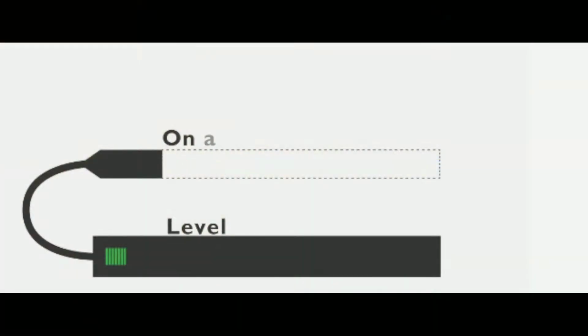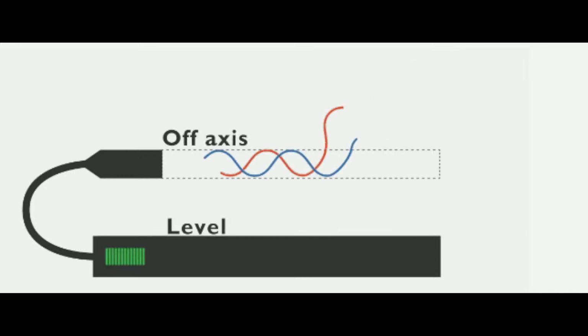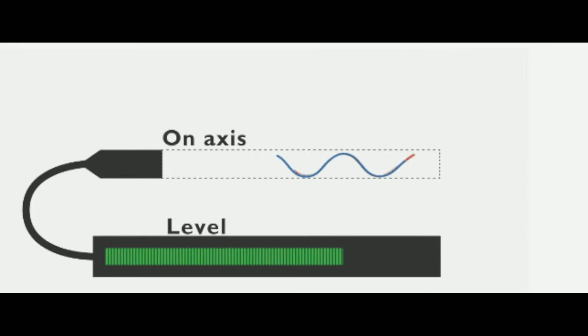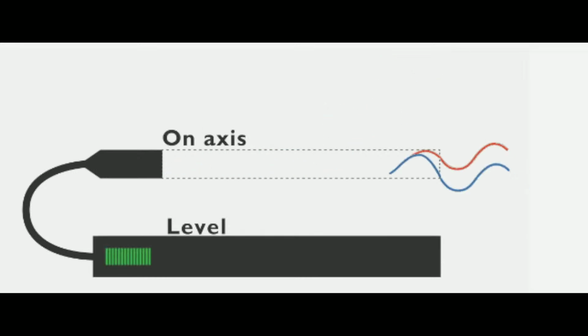It works on this principle: when sound comes in from off-axis, inside the interference tube, it gets canceled out, which is what interference means. But sound that comes from the front of the microphone enters the tube and the capsule, and that works. Now, the difference indoors is that you have reflections off of the walls.